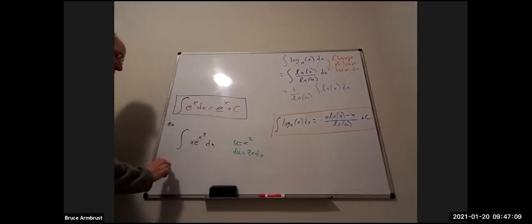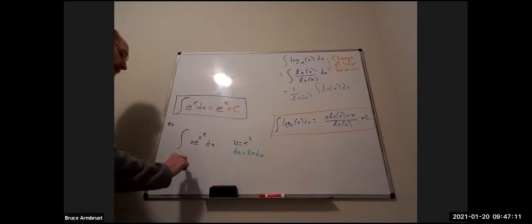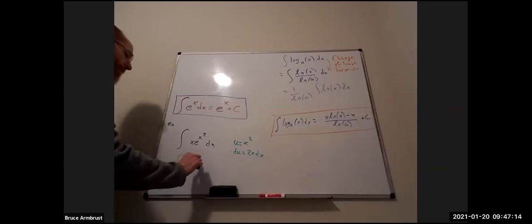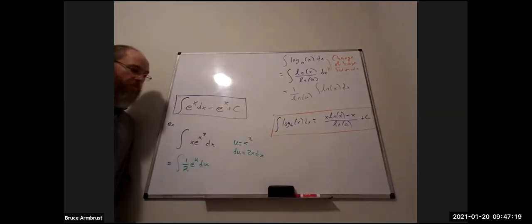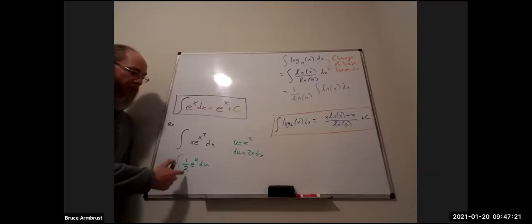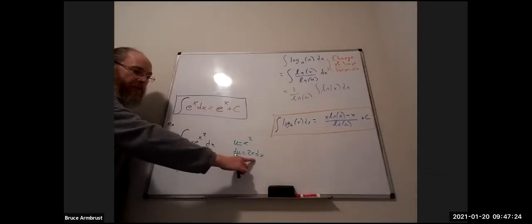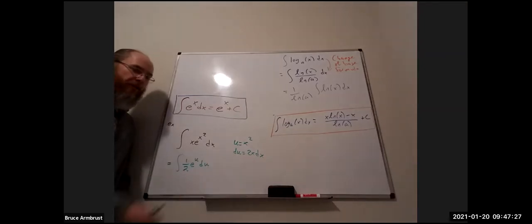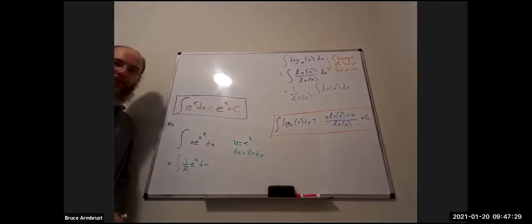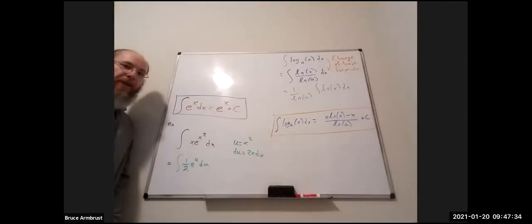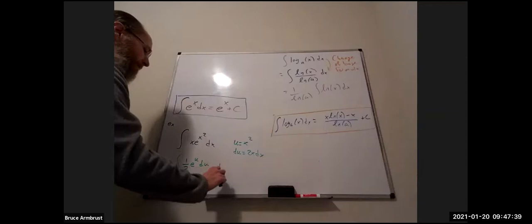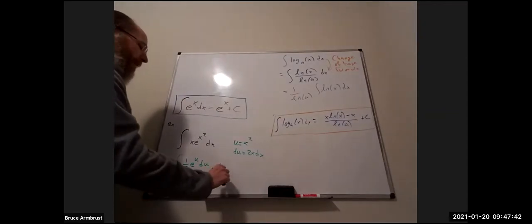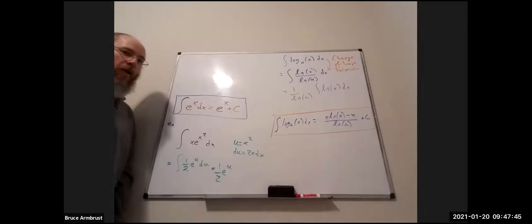And replacing these x's with u's turns this into 1/2 e to the u du. So the half is going to come from when we substitute in for the dx. Right, we're off by that constant multiple. All right, well, 1/2 e to the u. Man, talk about easy. The 1/2 is a constant multiple, so it sticks around. E to the u, its antiderivative is e to the u.